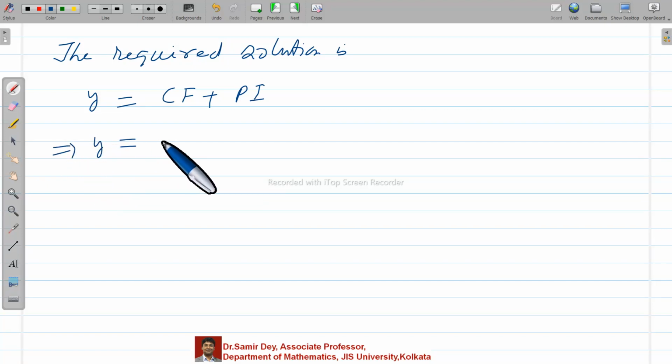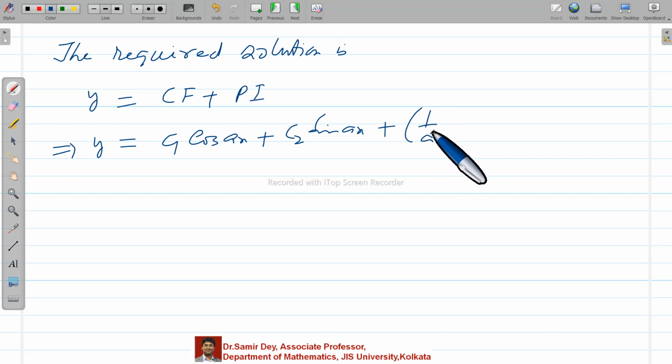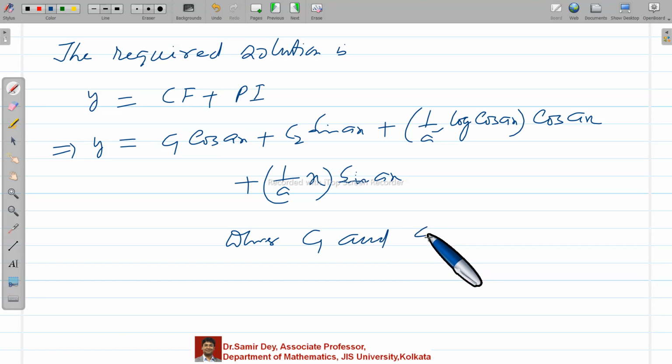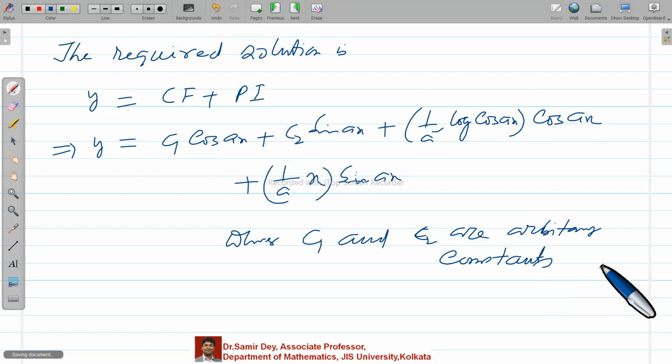So your y is equal to C1 cos ax plus C2 sin ax plus 1 by a square log of cos ax into cos ax plus 1 by a into x sin ax, where C1 and C2 are arbitrary constants. Okay, I think it is clear to everyone.